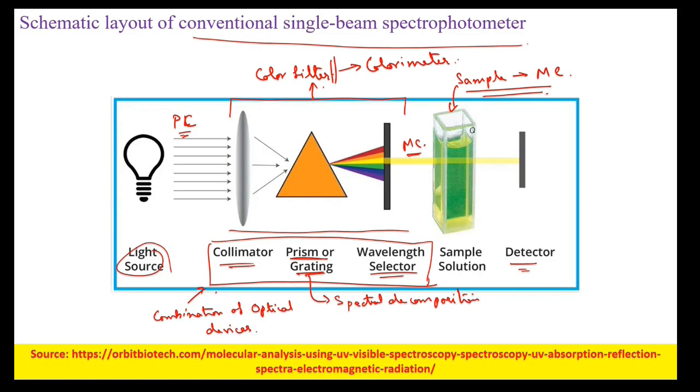And usually the colorimeter works in the visible range. Are you getting my point?